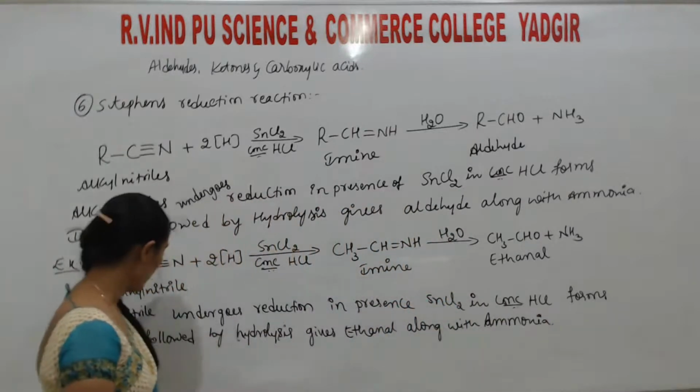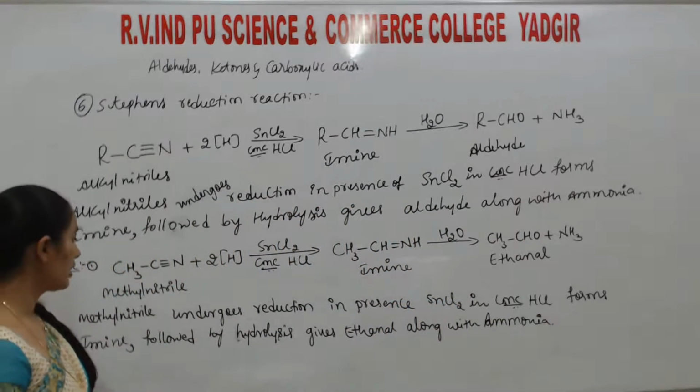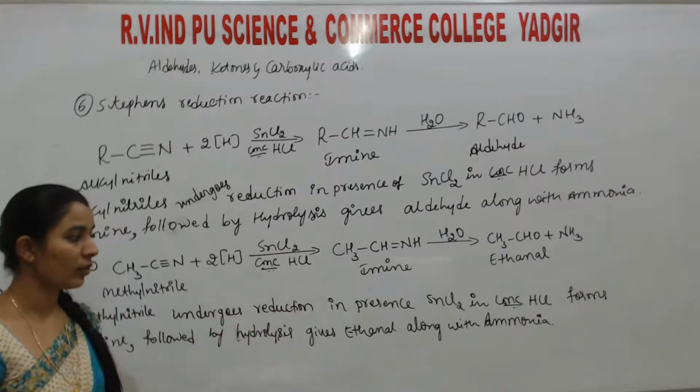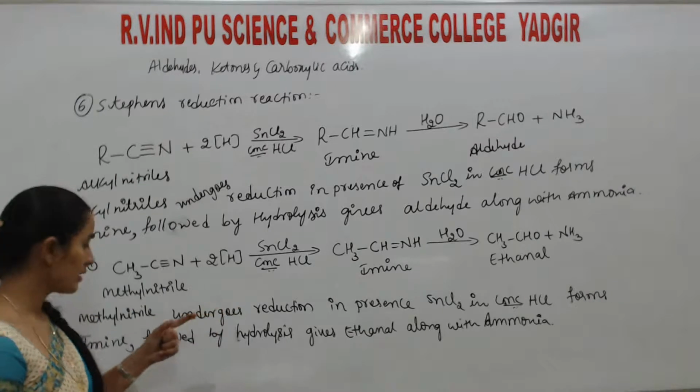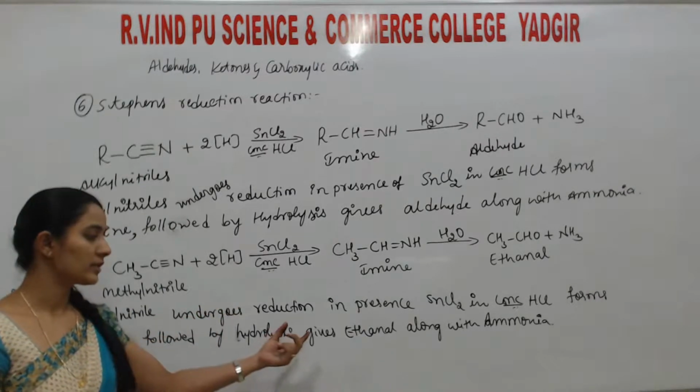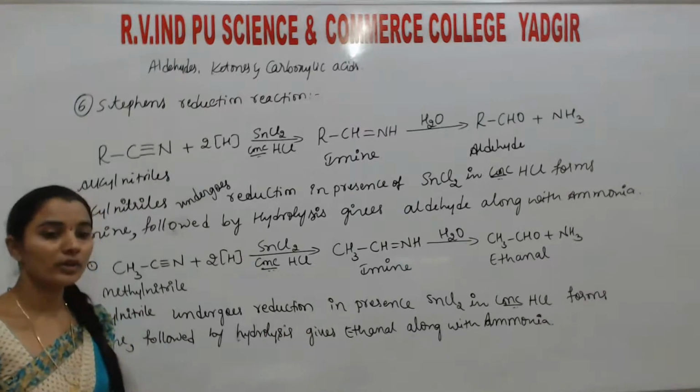This is the statement. Means methyl nitrile undergoes reduction in presence of stannous chloride in concentrated HCl forming imine, followed by hydrolysis gives ethanal along with ammonia.